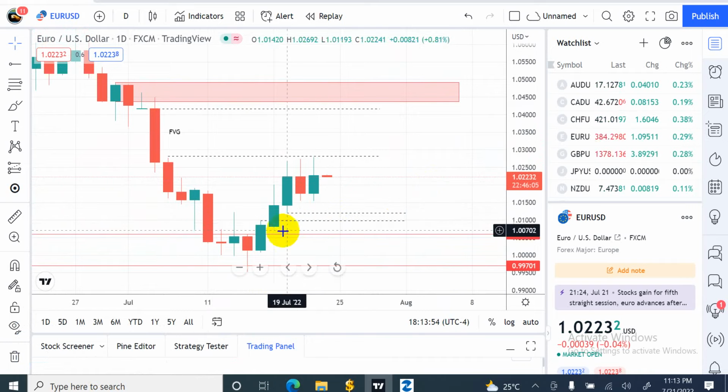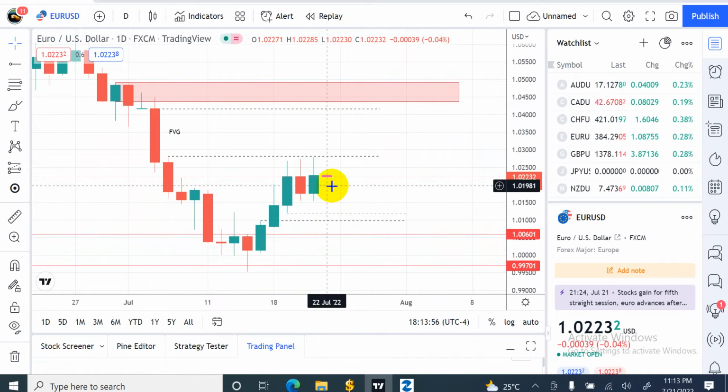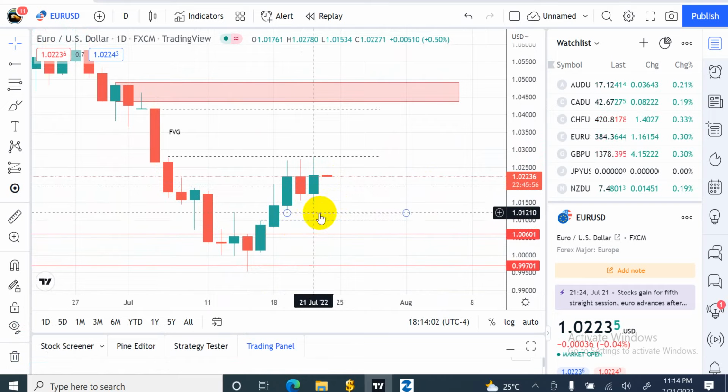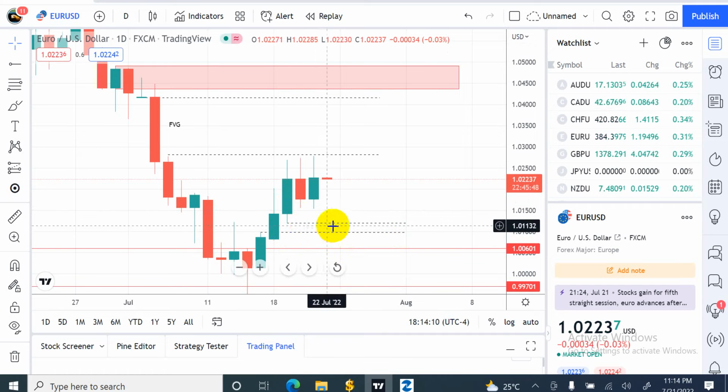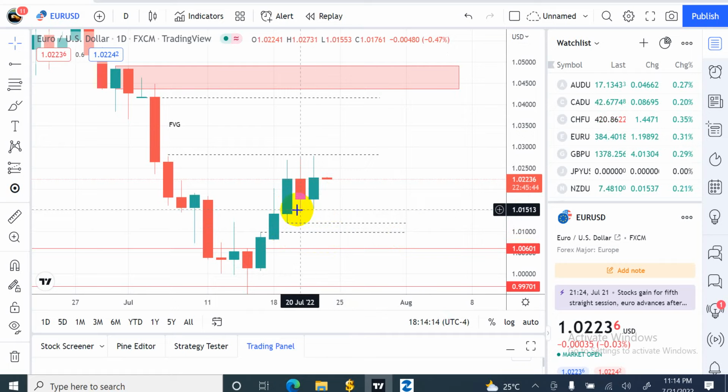So I gave an expectation on Euro USD where I expect price to go below these relative equal lows here and potentially go underneath this low here, this third day low, and fill in this gap here. That is just my expectation, though I expect this to be taken today.